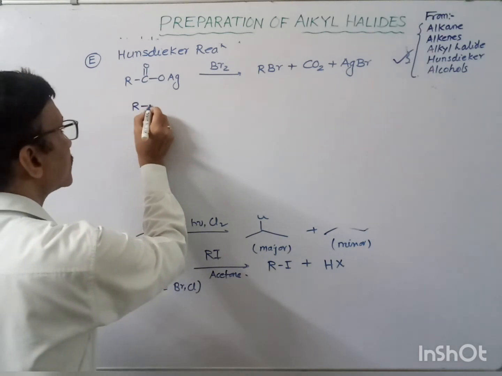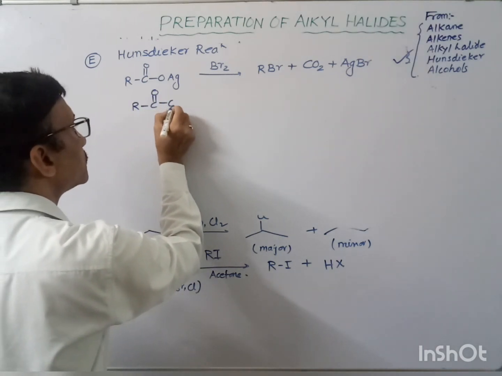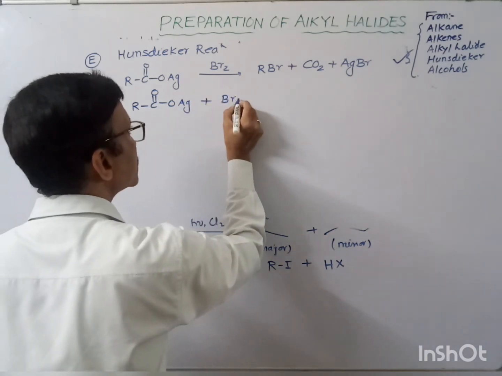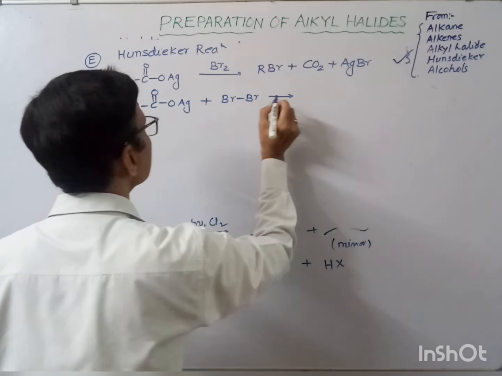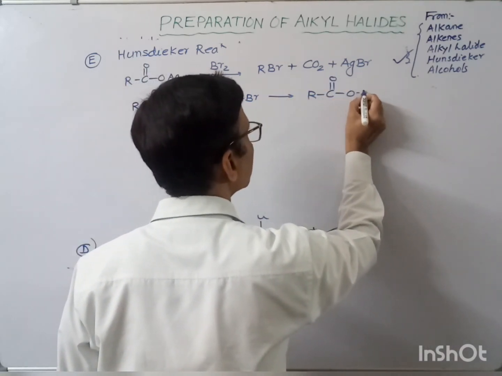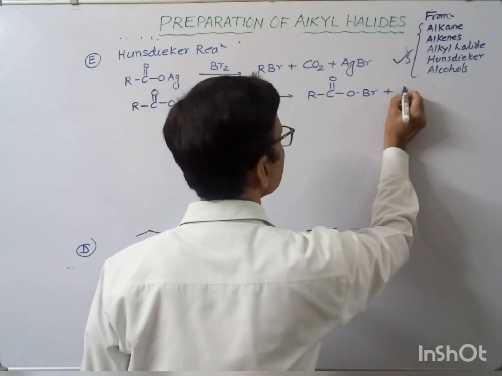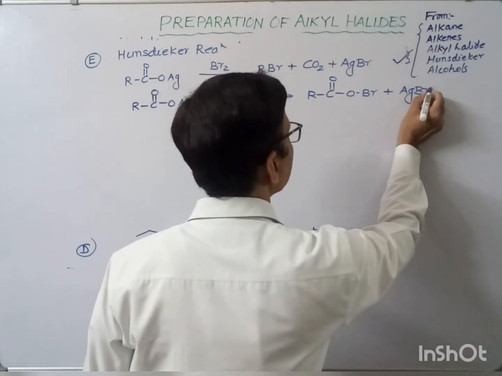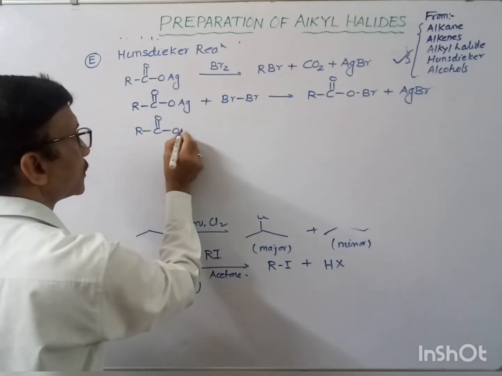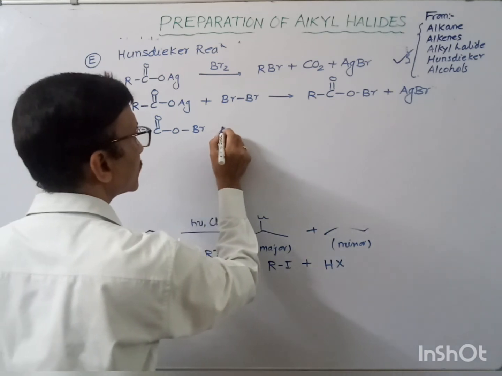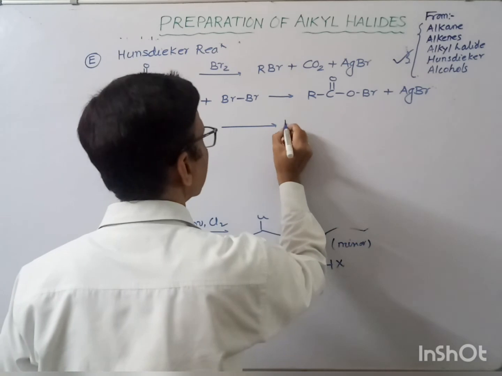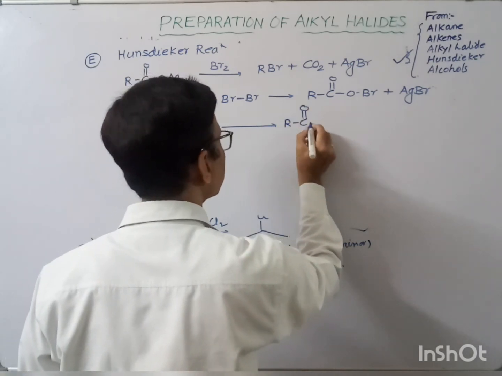So we have the silver salt of acid plus bromine, which will give the acyl hypobromite plus AgBr. In the next step, the O-Br bond being the weak bond, it will break and it gives the radical.